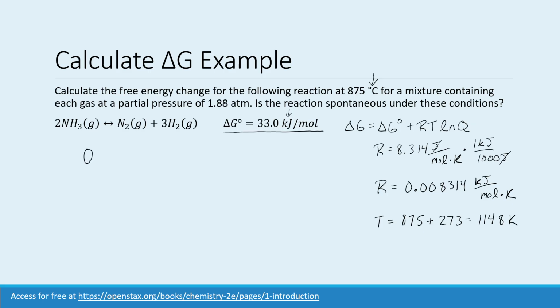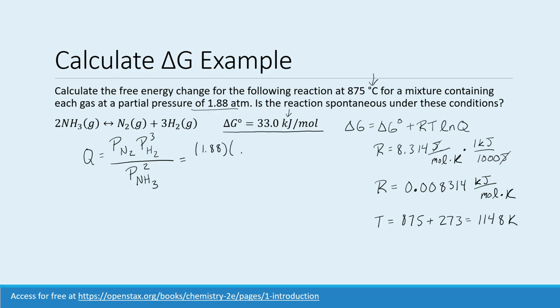Okay, and now we need to find out what the value of Q is at the conditions given. So we've already seen this equation for Q for this reaction, and because we're dealing with partial pressures, it's going to be the partial pressure of the nitrogen gas times the partial pressure of the hydrogen gas raised to the third power, divided by the partial pressure of ammonia raised to the second power.